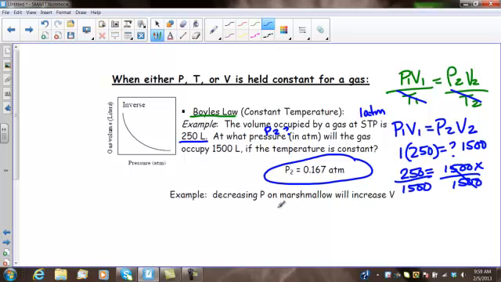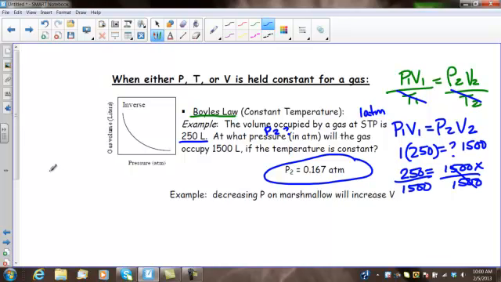Another example is if I were to decrease the pressure on a marshmallow, what would happen to its volume? It would increase. If I take a marshmallow and put my thumb on top of it and push down, I'm increasing the pressure on the marshmallow. Well, its volume is going to get real small. If I lift my thumb up off the marshmallow, the volume will get big.